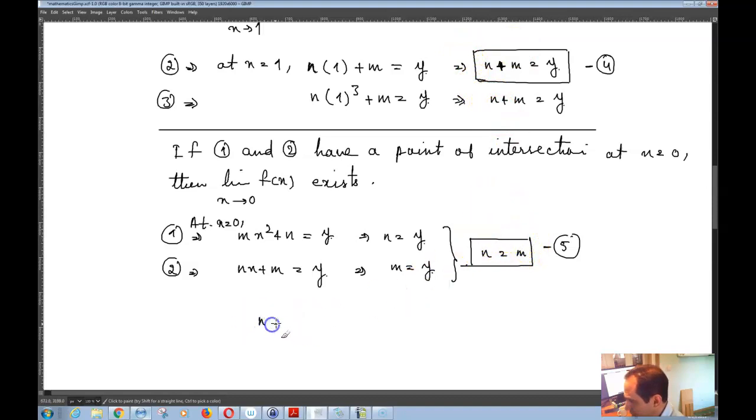So I have n is equal to m, and n plus m is equal to y.